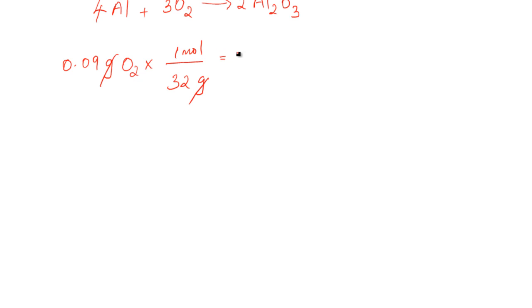So I get the number of moles of oxygen, which is 2.81 times 10 to the power negative 3 moles of oxygen. My question, or my goal, is to calculate mass of aluminum. So now I need, what is it I need next?